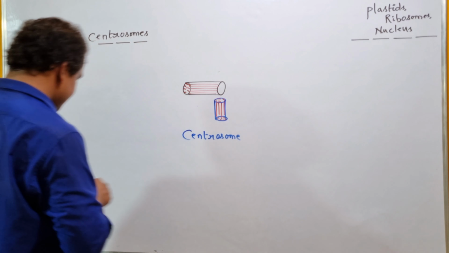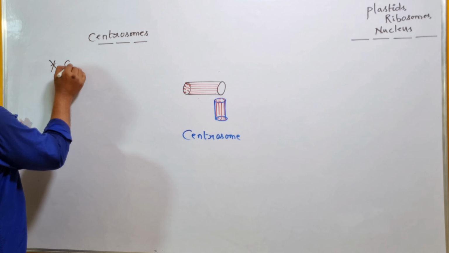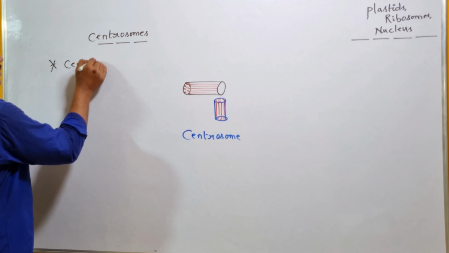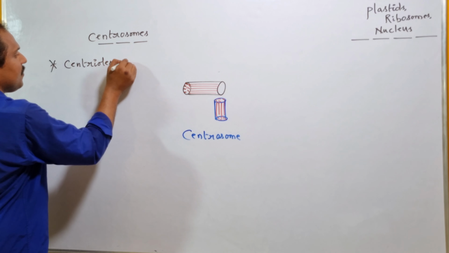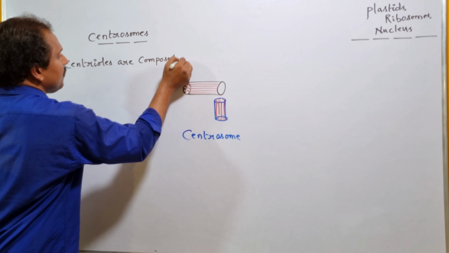Centrioles are composed of 9 triplet microtubules.